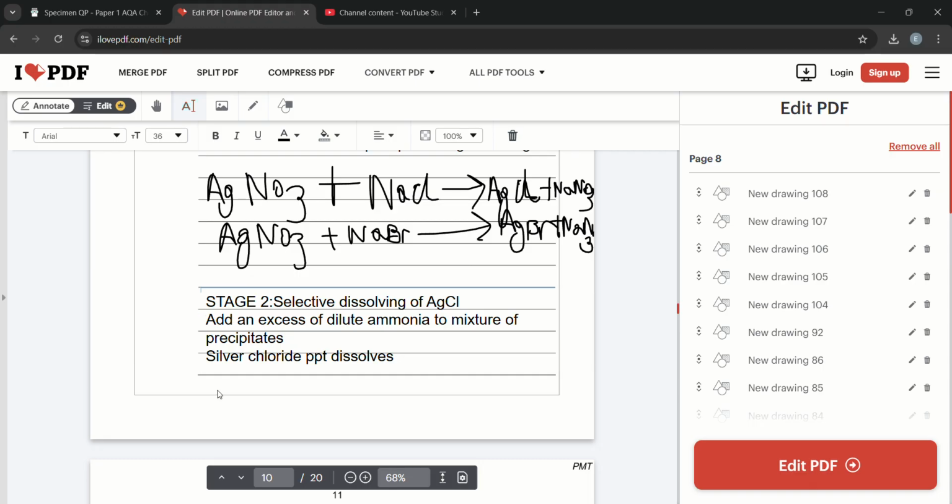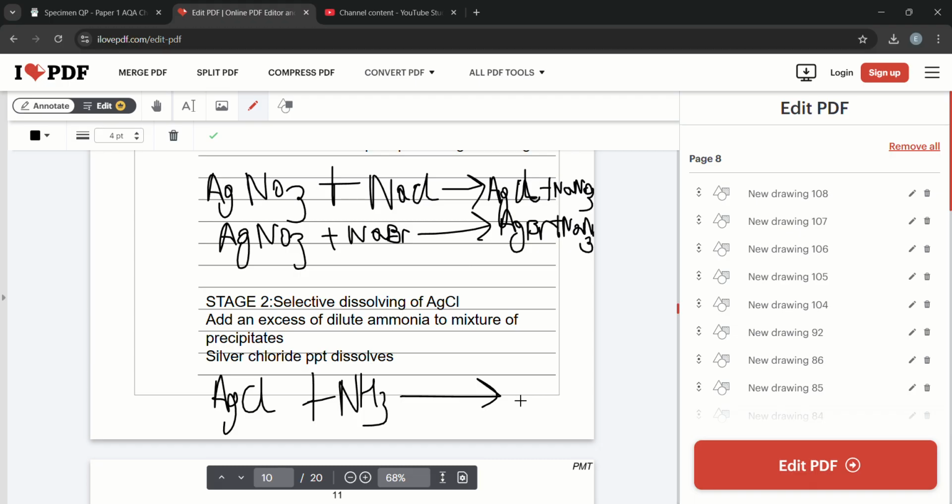The equation: AgCl, adding dilute ammonia, NH3, we form Ag(NH3)2 plus and the chloride ion Cl minus. I'm also going to have a 2 here. So AgCl plus 2 NH3 gives Ag(NH3)2 plus plus Cl minus.